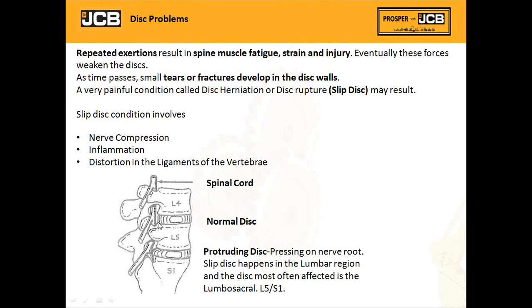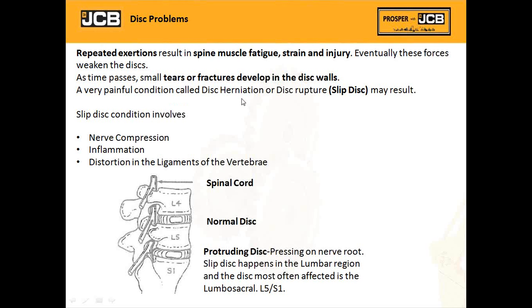Now here there is a muscle which is keeping your disc in the normal condition. In the normal condition, when the disc wall has not torn off, the disc remains inside.